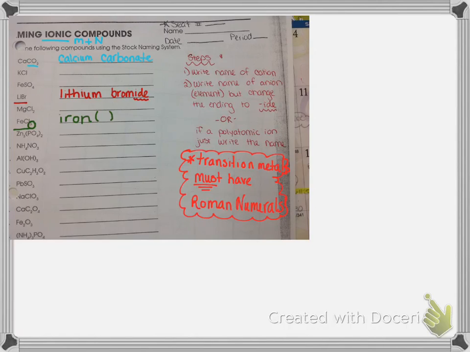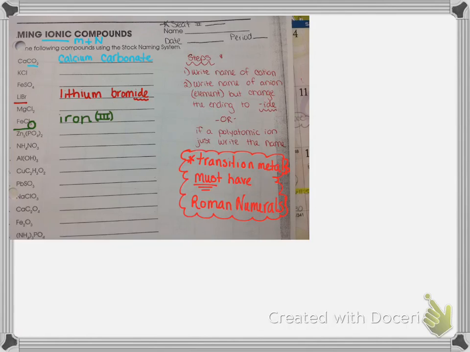So we have a 3 there, which means that iron would have had to have been a +3 charge for that chlorine to have 3 atoms. And again, we do that because we're doing a reverse crisscross. And so the first part of our naming is done. It's iron 3.